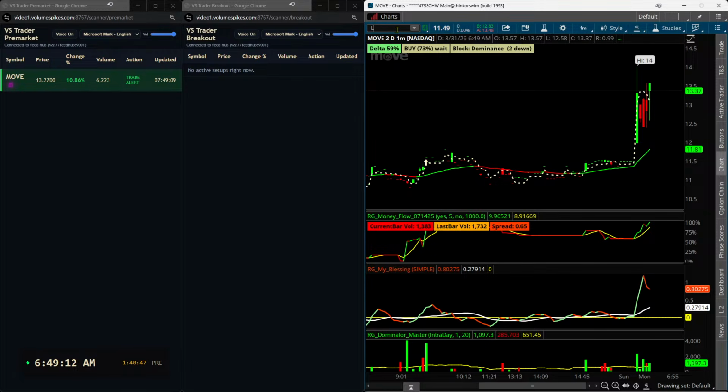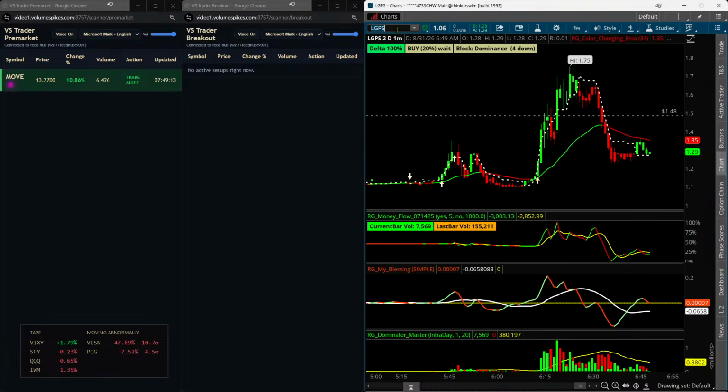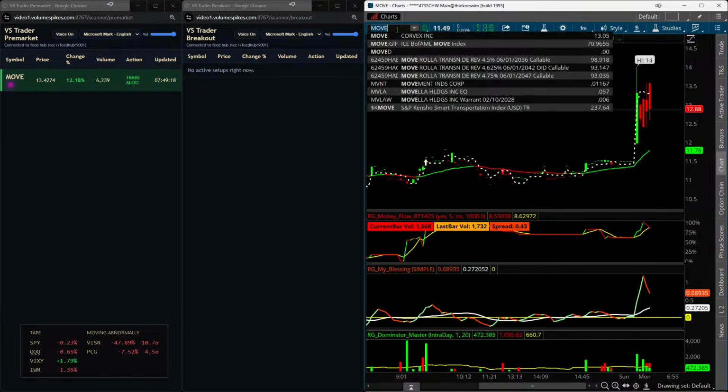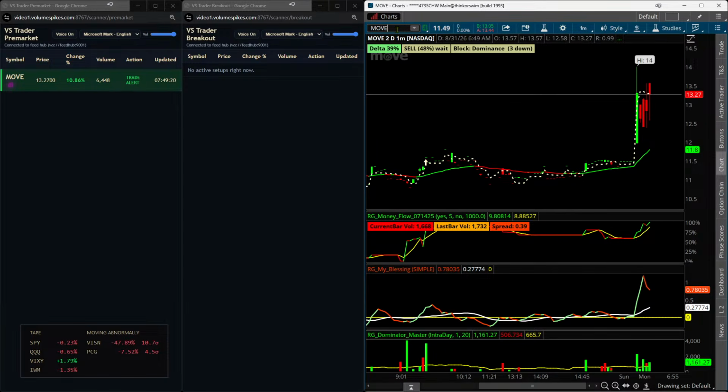LGPS, let's take a look at that one again. Still down there on the bottom. It already did its thing. MOVE is not moving.